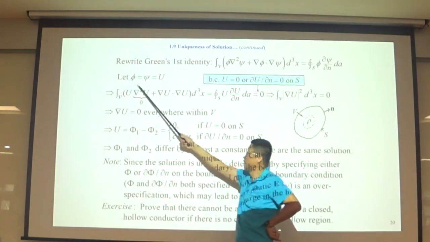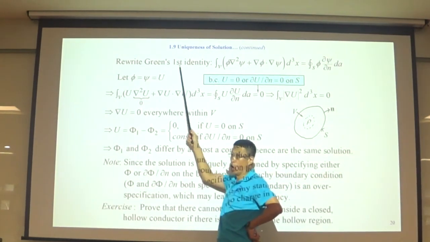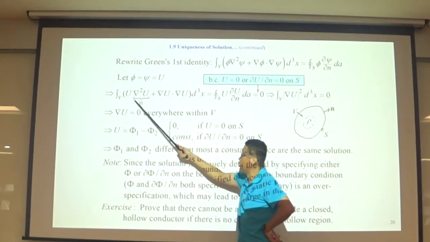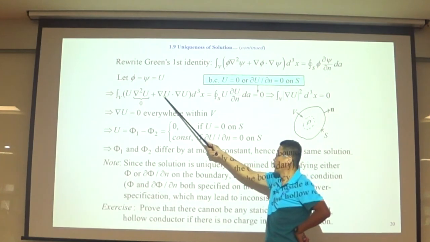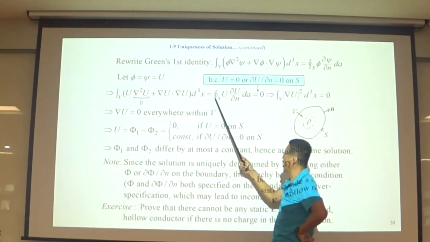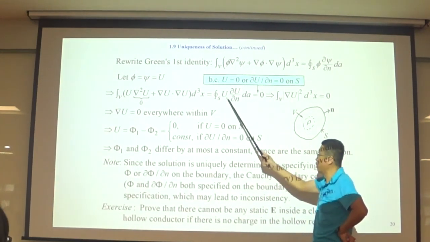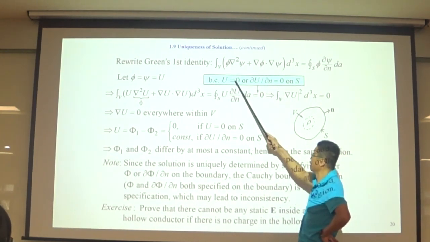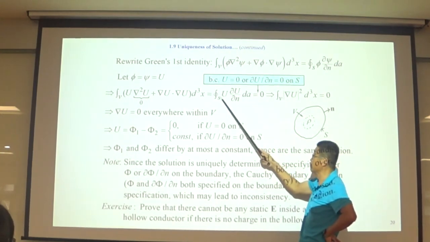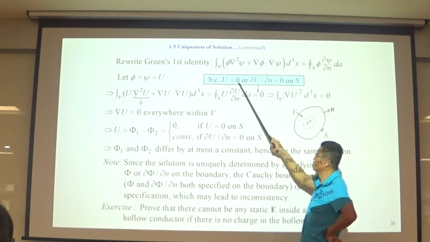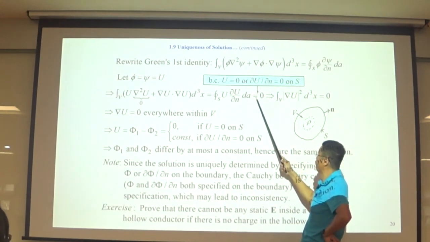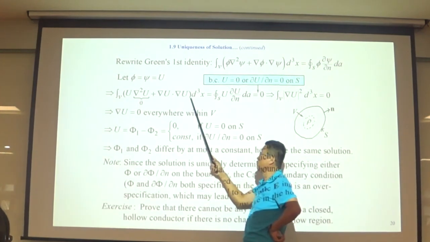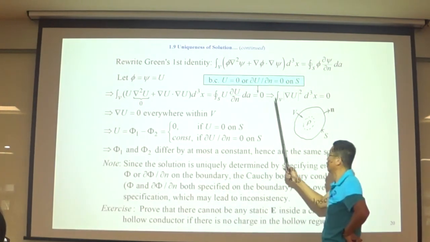And phi and psi both equal to U. Okay? The gradient U dot... Remember, U is 0 on the surface. U is 0 on the surface. So this one is 0. Therefore, this is 0, and this is 0. So only one term survives. This one.